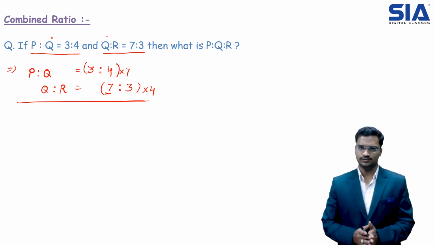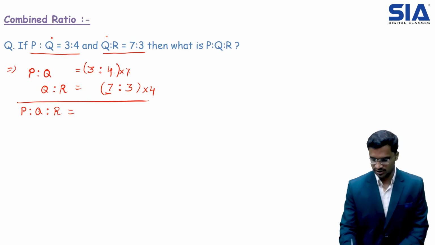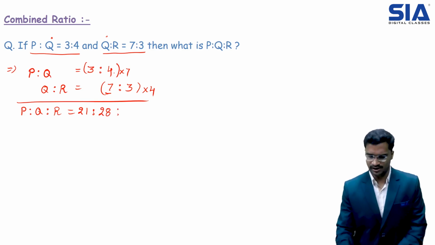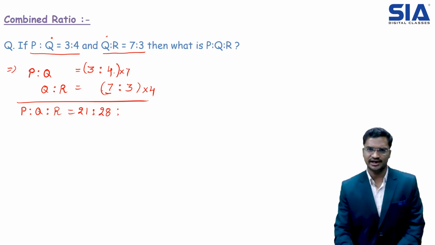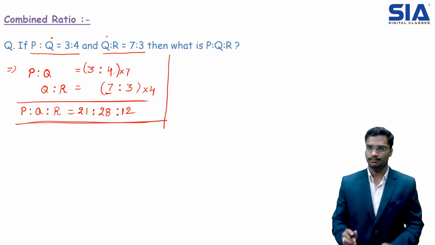Then our Q values become equal. After multiplying, I get 21 and 28 for P and Q. The value of Q is the same in both ratios. And at last, the value of R is 4 threes are 12. This is the first method of solving the combined ratio.